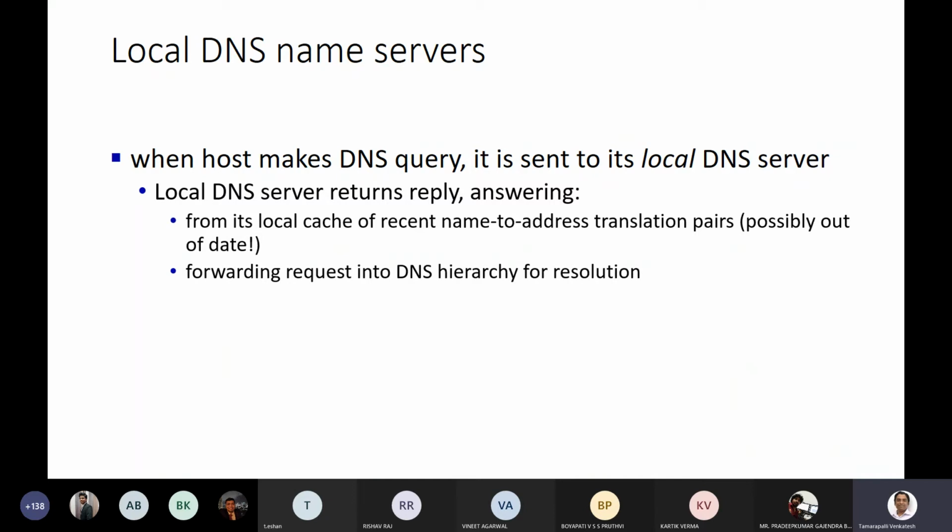The mnemonic name needs to be translated or resolved into an IP address. Only then can the lower layers, like the transport layer and the network layer, function, because they will only function with IP addresses and not with mnemonic names. So whenever you have to convert a mnemonic name to an IP address, you start this resolution process.